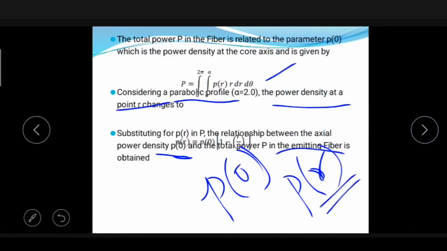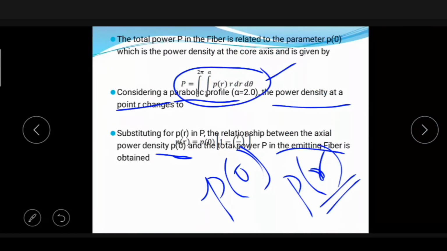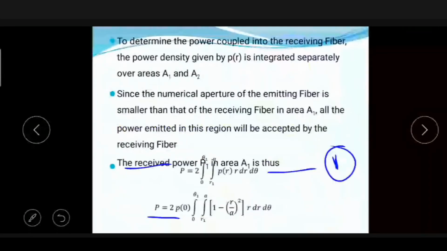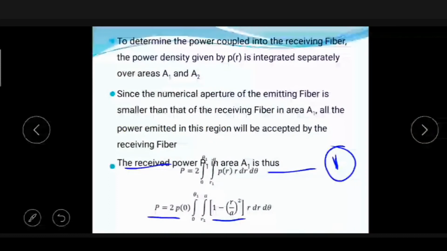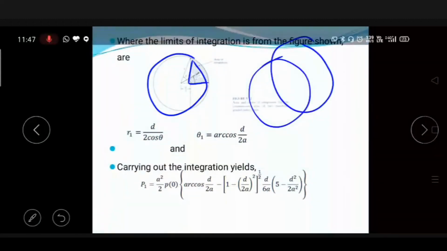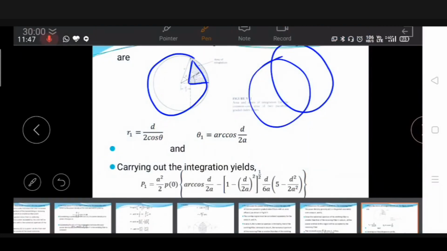So here you can see P of R is P of 0 into 1 minus R by A to the power 2. The same thing I have substituted here, 1 minus R by A to the power 2 into R dr d theta. Then I will form a right angle triangle, or a part of these two fibers, emitting and receiving.